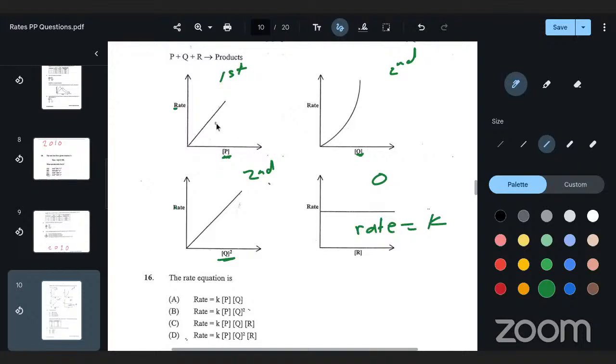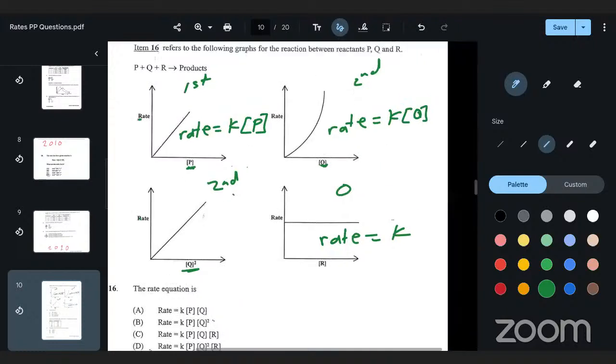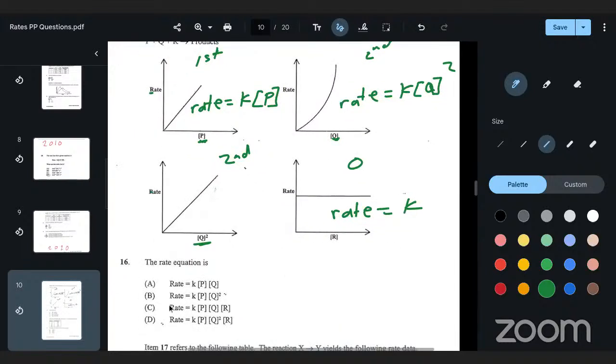For this, rate would be equal to k[P], and for this, rate would be equal to k[Q] squared. All right. So we just look for that in the equations. So B, k[P][Q] squared. So B is the answer.